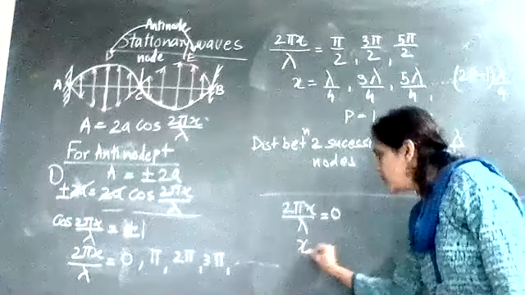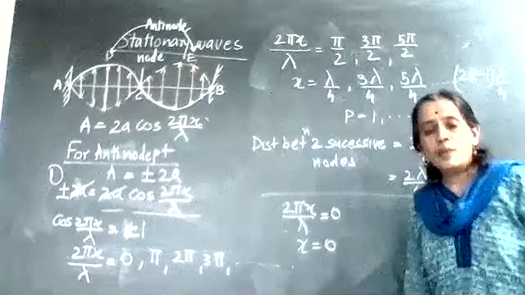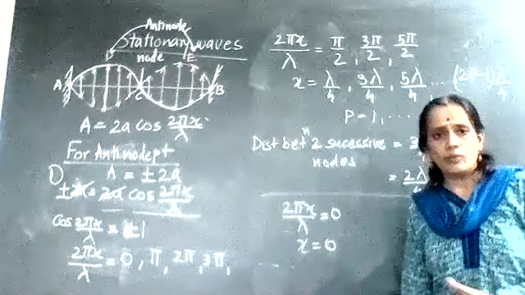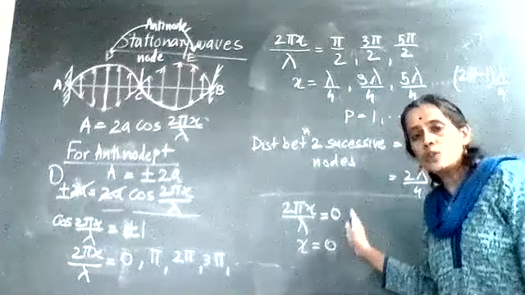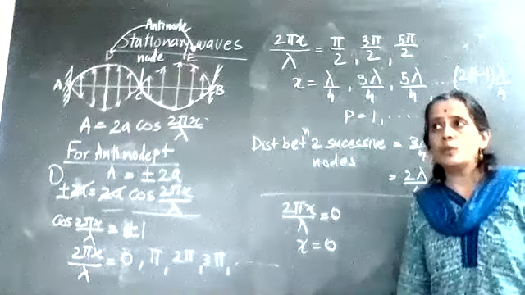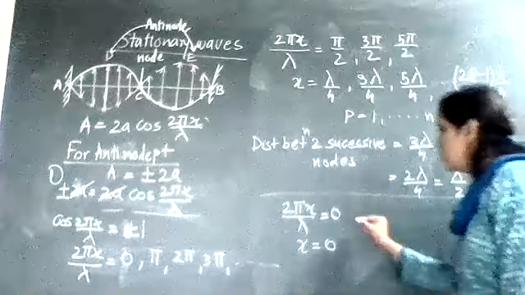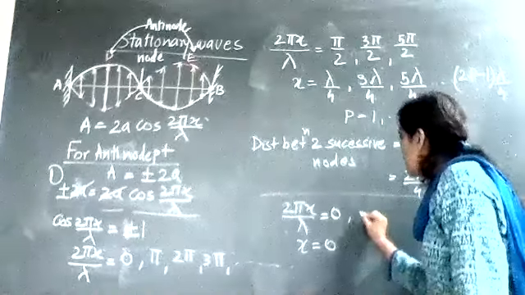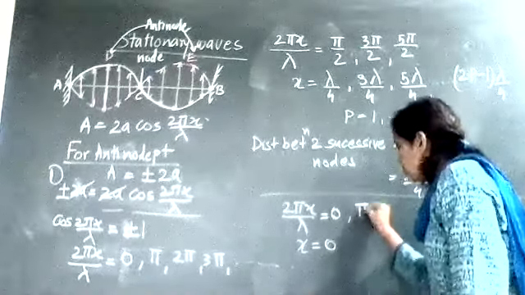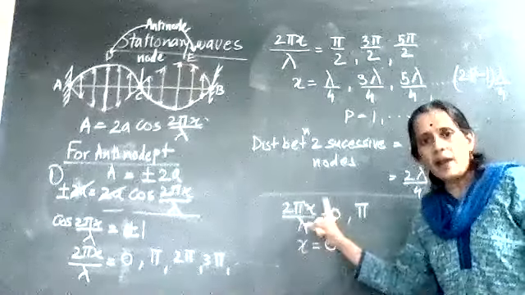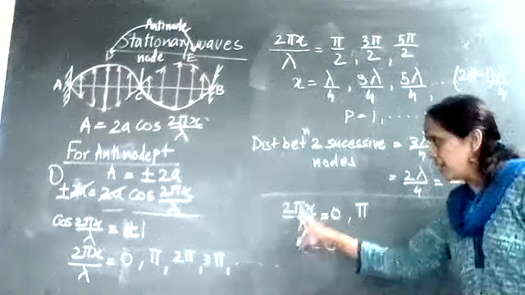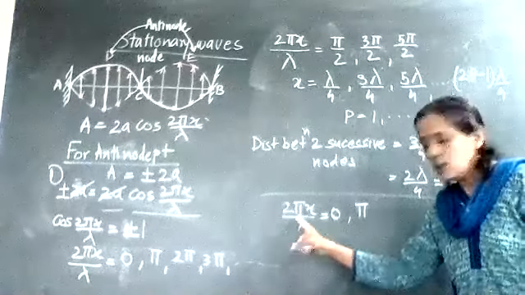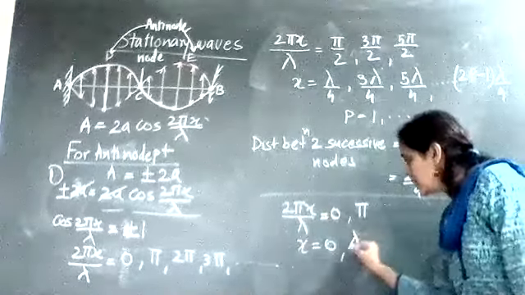Here x will be nothing but 0, because lambda is the wavelength of the progressive wave, which is never 0. The next value is pi. So 2 pi x upon lambda is equal to pi, the pi value gets cancelled, so I get x equal to lambda by 2.